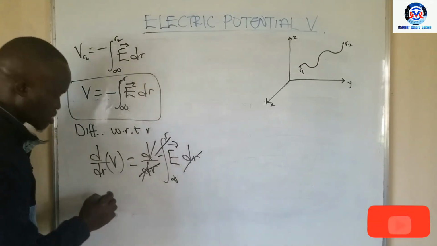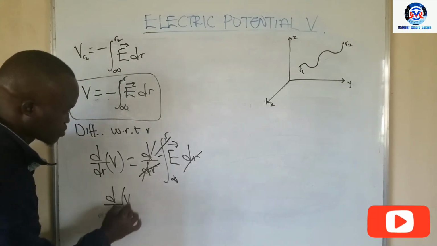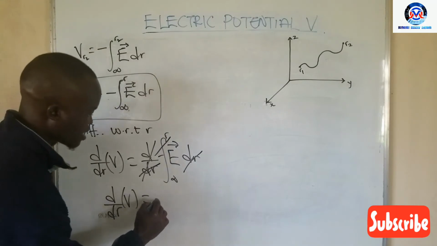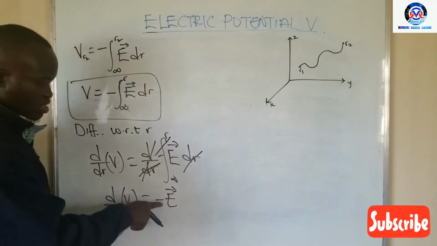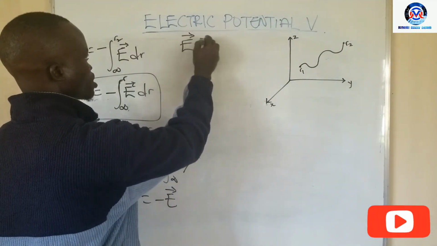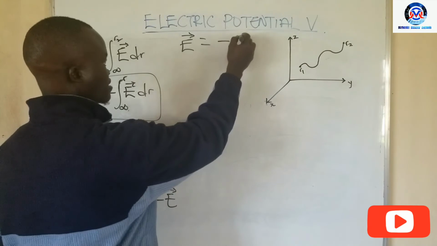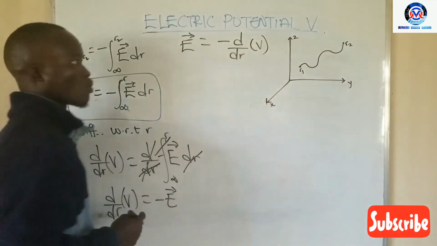We are left with d dr of V, which is equal to the negative electric field vector. Transferring this negative sign to the other side, the electric field vector is equal to the negative d dr of V.